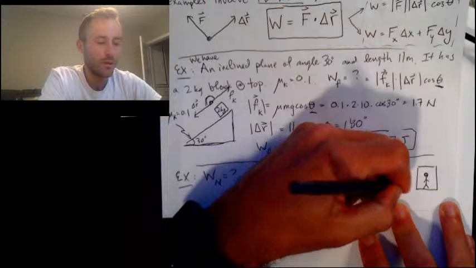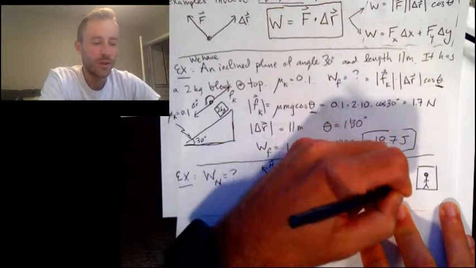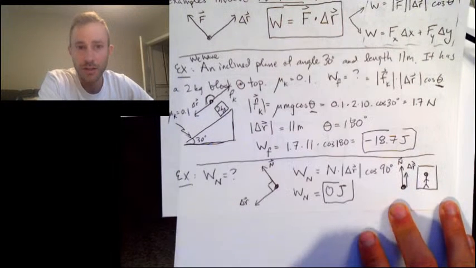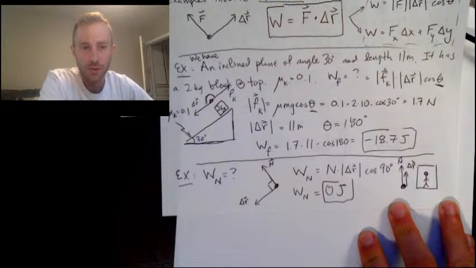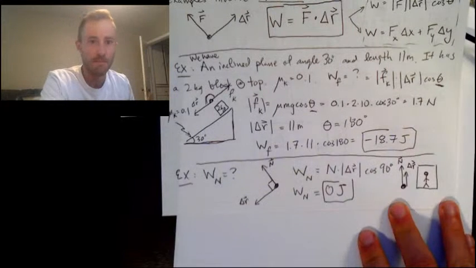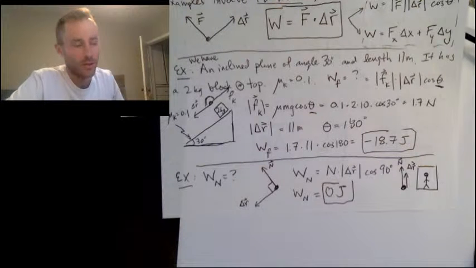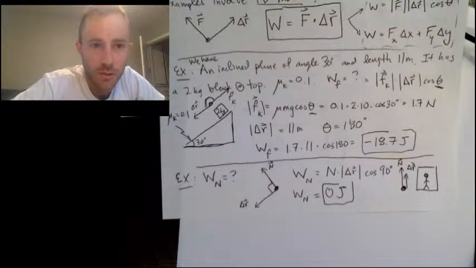So you have a normal force going upward, and also a displacement vector going upward. So the angle between them is not 90 degrees. Basically, situations where the normal force is doing work are situations where the floor itself is actually moving. But if you have a fixed inclined plane, or a fixed floor, then it's not going to do any work, because you're always moving parallel to the surface.